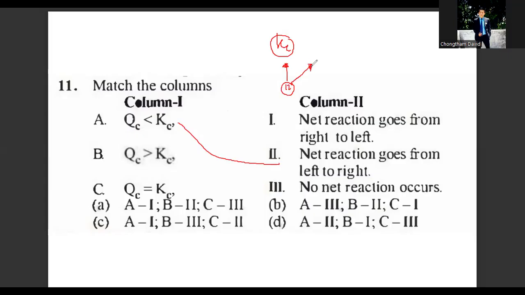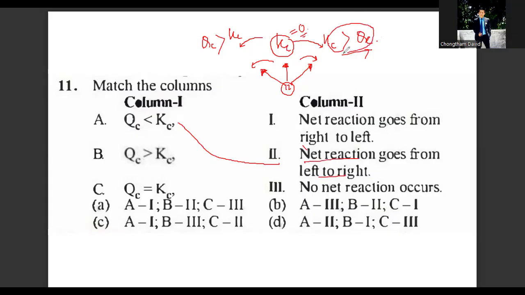When it is on the right side, it is going spontaneous. When it is on the left side, it is non-spontaneous. So basically when Kc is on the right side, it means it is dominant over Qc. So it is favoring a spontaneous process, and if it falls back, it generally means Qc is dominating, and at equilibrium it is 0. Okay, so from this we can see net reaction goes from left to right.